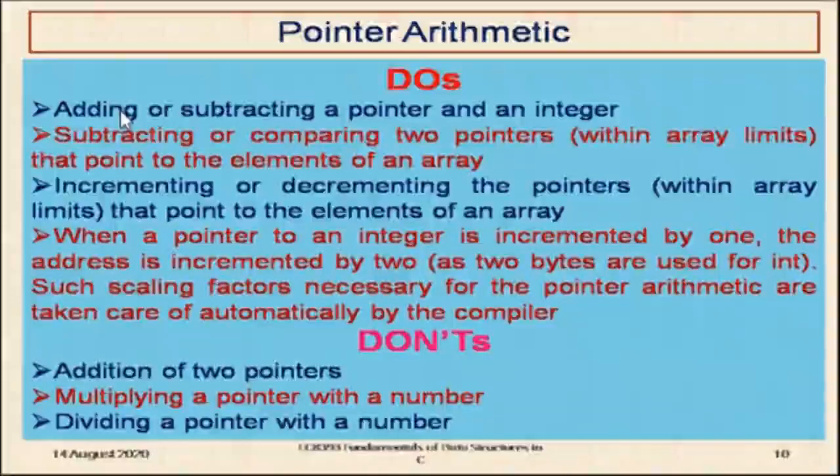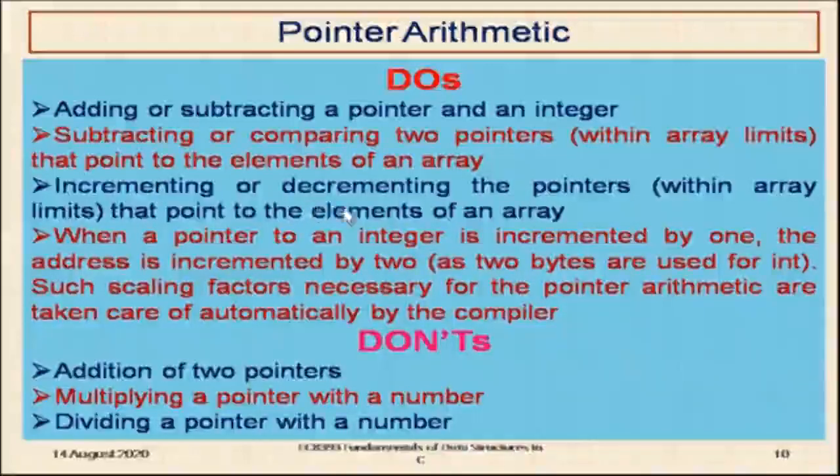Similarly, I can subtract. So I can move the pointer back and forth. And subtracting or comparing two pointers is allowed within the array limits, for pointers that point to the elements of an array.